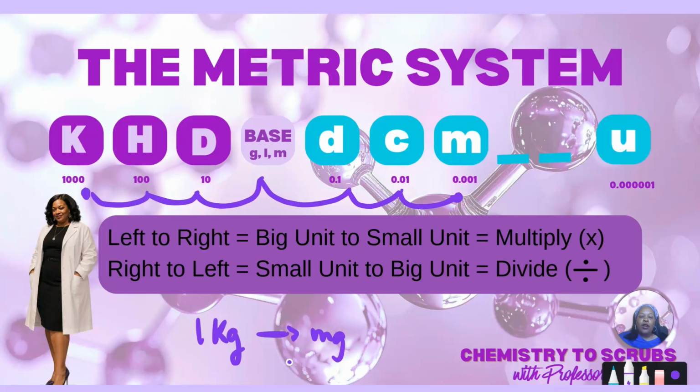All right. So if your decimal is here at the very end, I'm going to simply move it just like this. All right. 1, 2, 3, 4, 5, 6. And I would fill in those spaces with zeros, okay?